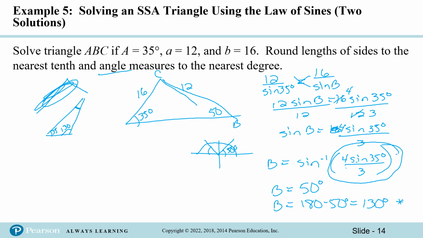So if you take 35 plus 130, that has to be smaller than 180 degrees, which it is. It's 165. So this angle right here would be 15 degrees. Okay, and that works.